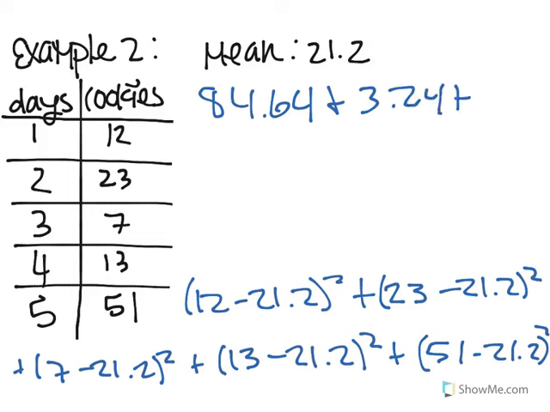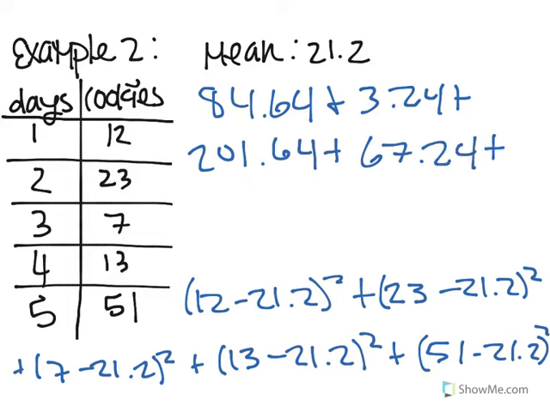Plus (7 minus 21.2) squared, which is 201.64, plus (13 minus 21.2) squared, which is 67.24. Add that to (51 minus 21.2) squared, we get 888.08.